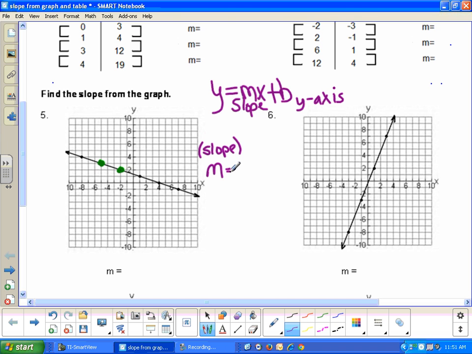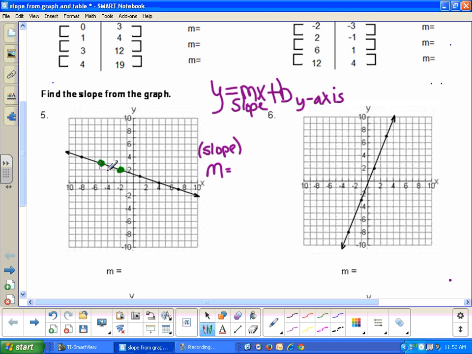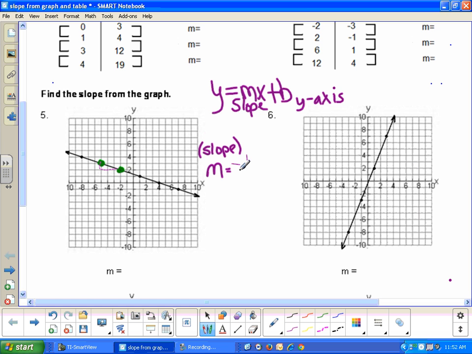So, think about our line here. If we're going to count this slope, and I want to go from this point to this point, how far do we go down? Down 1 over 3. Well, down would indicate what? Positive or negative? Negative. So negative 1 over 3.